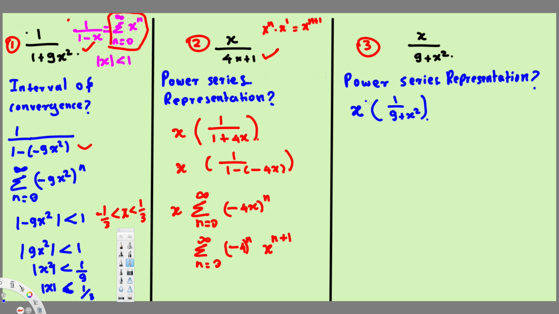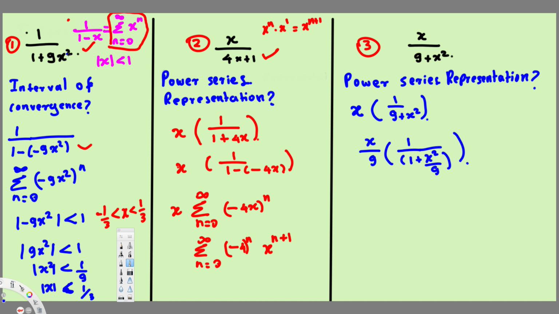To get that, again we can take 9 outside, like we did with x outside, so this is going to be x over 9, and if I take 9 outside, this is going to be 1 over 1 plus, we don't have 9 right here, right? So if I take 9 outside, this is the same as x squared divided by 9, and if you multiply again, you get 9, and this 9 cancels, and you get x squared again.